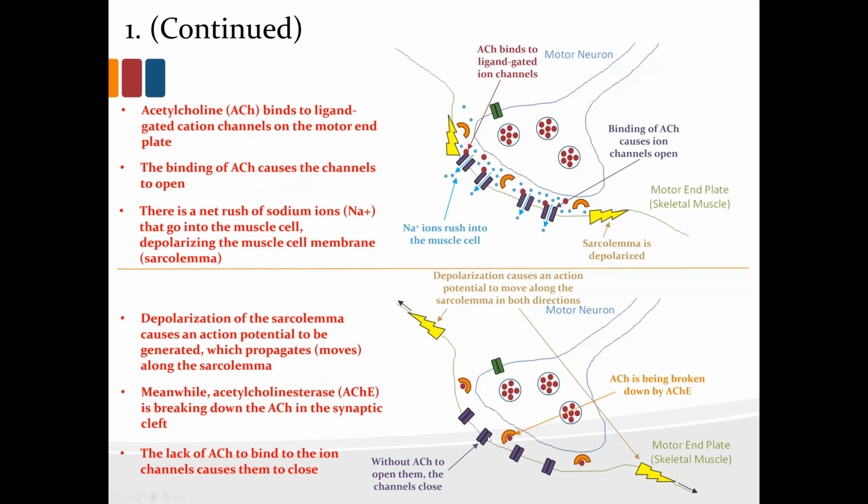So without acetylcholine to open them, the channels close. Sodium stops rushing in. And so you get that one action potential, but you don't get a second action potential because you have sodium-potassium pumps that immediately start pumping that sodium back outside. Remember back in chapter 3, I told you those sodium-potassium pumps are very important. That's because anytime sodium rushes into a cell, it immediately gets pumped back out to maintain that concentration gradient.